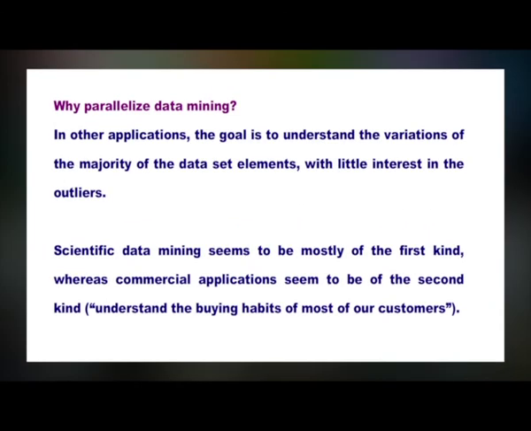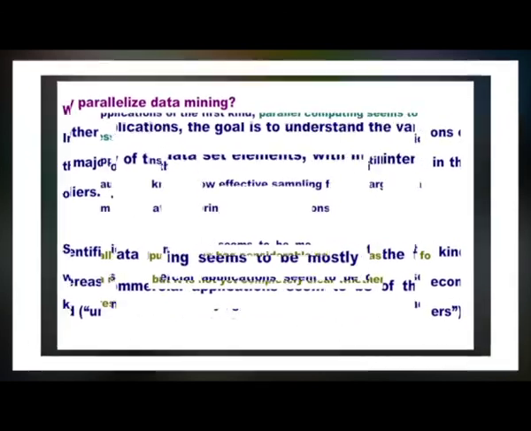But in some other applications, the goal is to understand the variations of the majority of the data set elements with little interest in the outliers. Scientific data mining seems to be mostly of the first kind, whereas commercial applications seem to be of the second kind, that is, you will try to understand the buying habits of most of the customers.